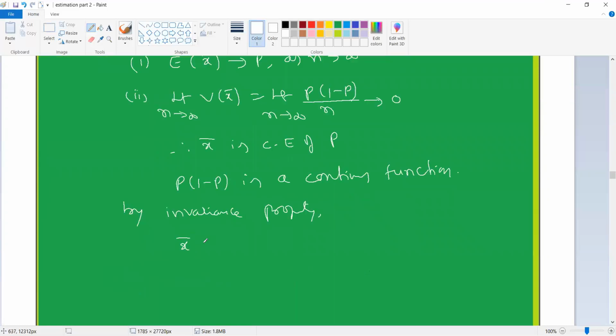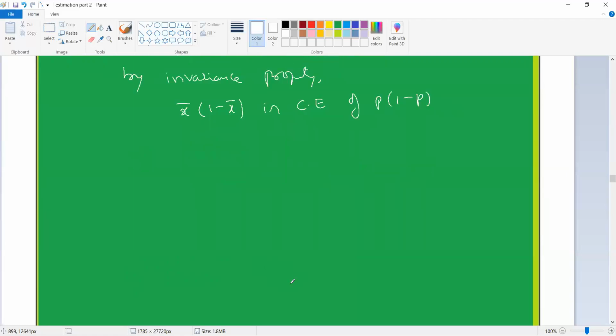Now x bar into 1 minus x bar is a consistent estimator of p into 1 minus p. This is a very, very important example from the examination point of view. Replace x bar by summation xi by n: summation xi by n into 1 minus summation xi by n is a consistent estimator of p into 1 minus p.